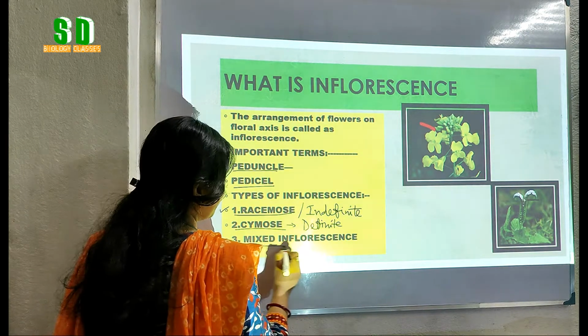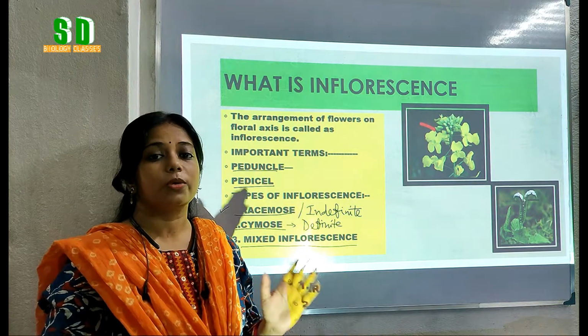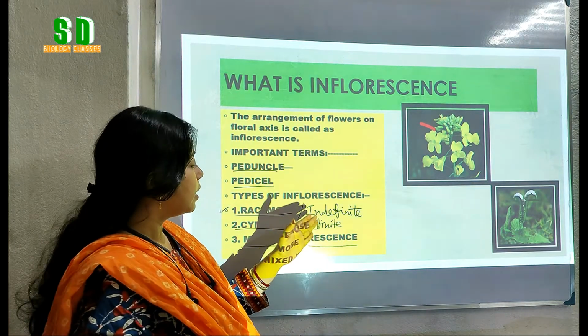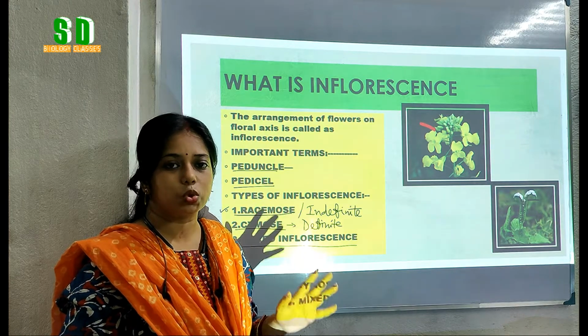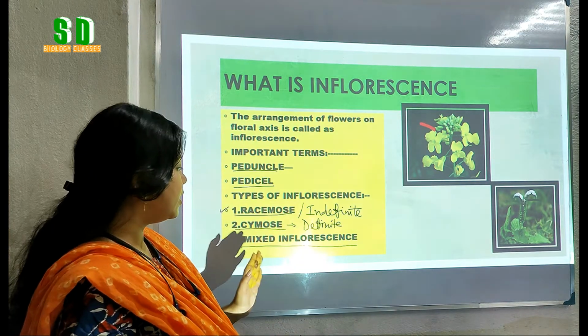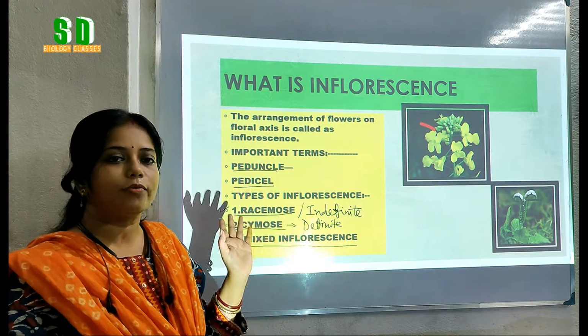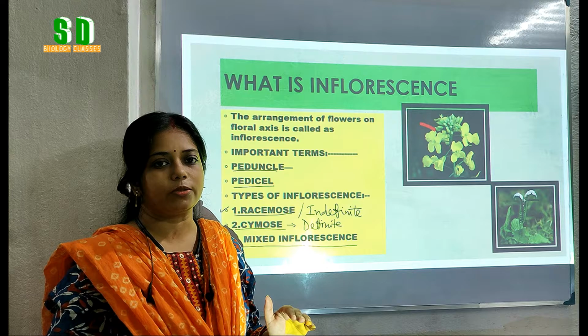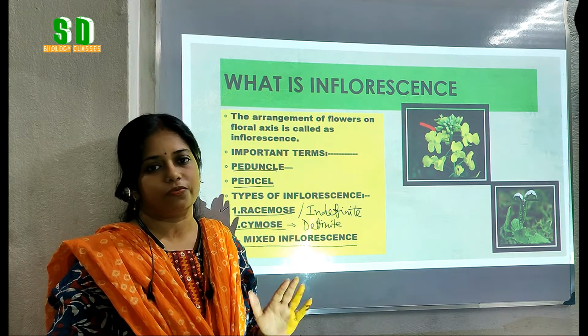Another type is the mixed inflorescence, where we can find both the characters of indefinite and definite type of inflorescence together. So these are the main three types of inflorescence. Now we will know about the differences between racemose and cymose inflorescence.